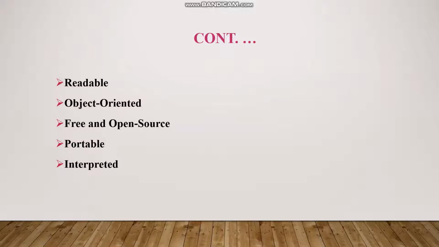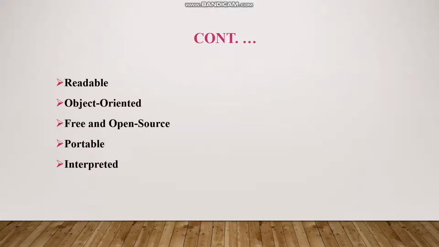Next one is free and open source. Python is freely available, but not only can you download Python for free, you can also download its source code, make changes to it and even distribute it. The 10th one is portable.